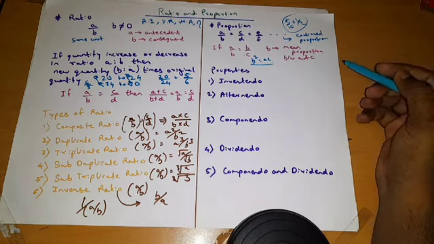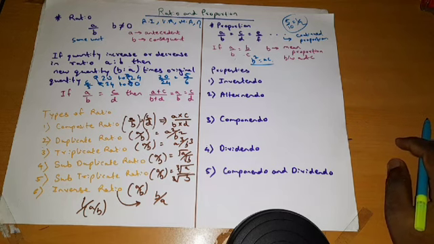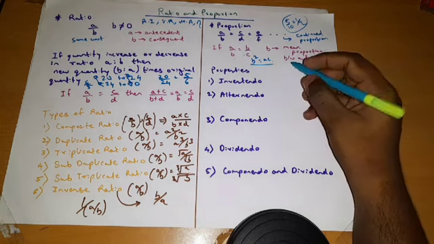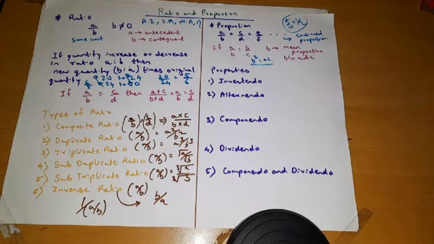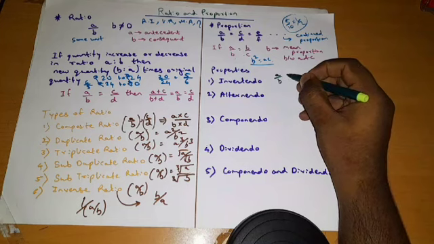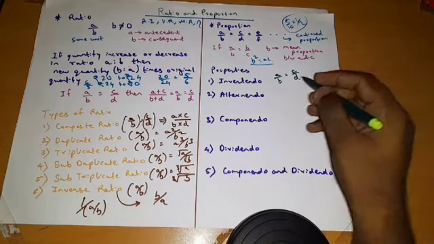Okay, now let's understand the properties related to proportion. Invertendo is like inverse ratio only. Let's say ratio A by B is equal to ratio C by D, then invertendo.